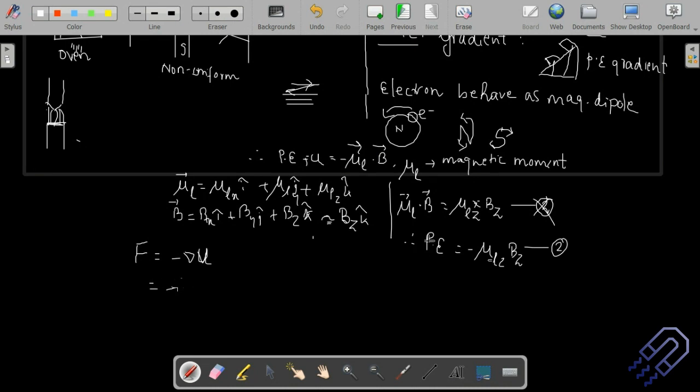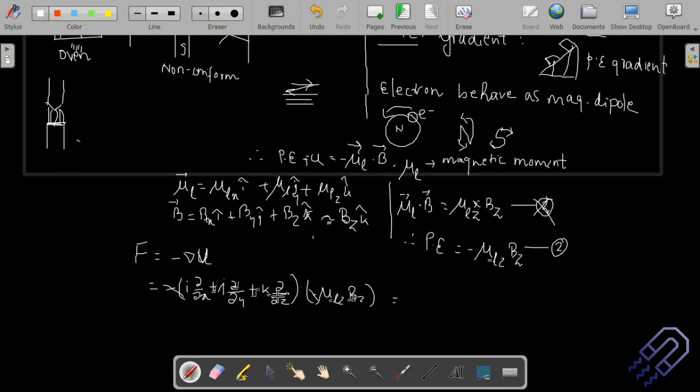So it would be nothing but minus of i del x plus j del y plus k del z. Of course, there is a cap with i, j and k. And this would be nothing but minus mu Lz Bz. So if I take this, this minus and this minus will get cancelled out. It will be plus.